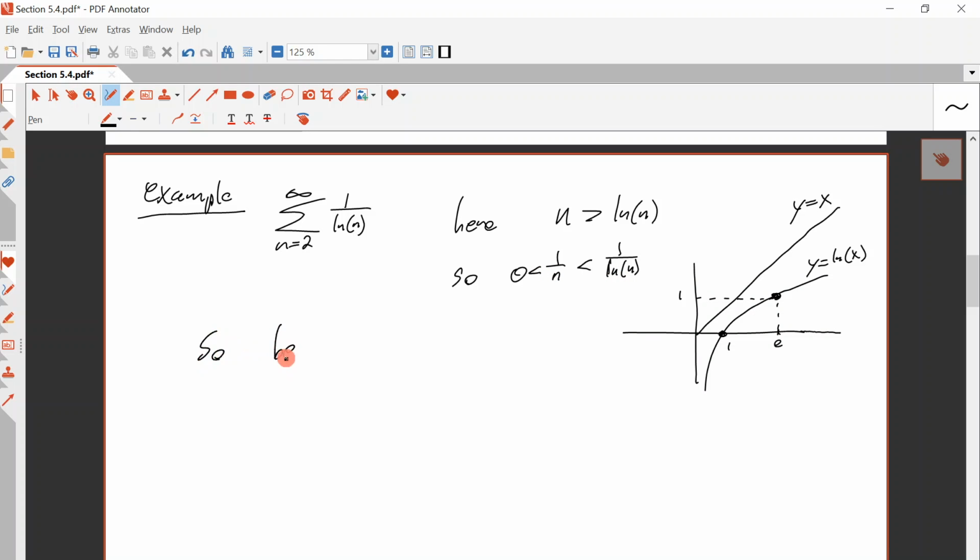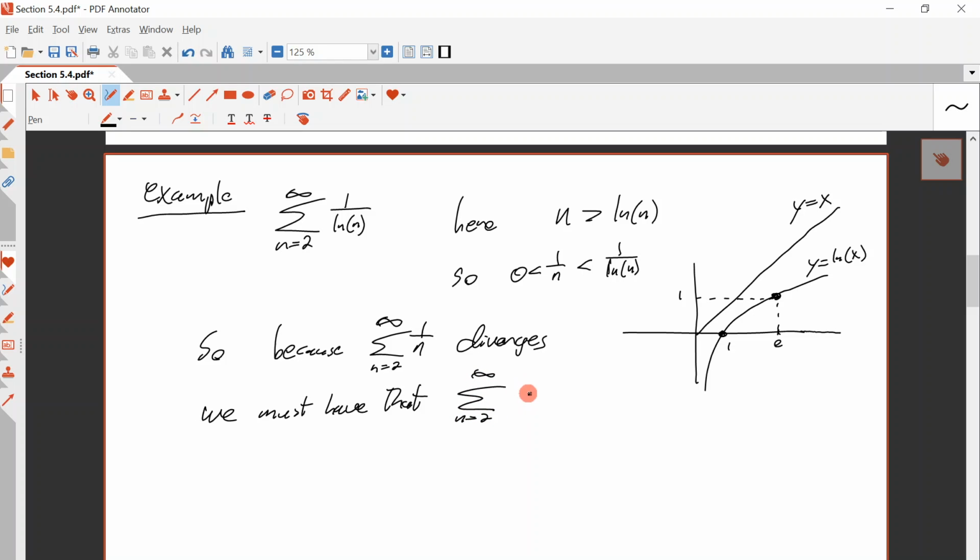So, because the sum n equals 2 to infinity of 1 over n diverges, we must have that the sum n equals 2 to infinity of 1 over natural log n diverges as well.